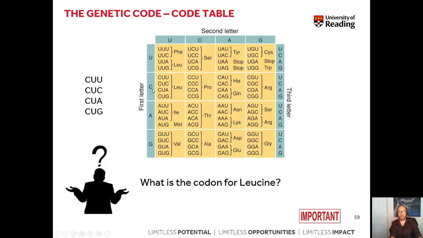Then if you go to the left to identify the first letter, you will find that this is actually a C. So the first code is C. Second letter, if you go up, is U. And the third letter is going to be U, okay? So the first possible combination is CUU. If you follow the exercise similar to what we have done for arginine, then you will come up with the following codes: CUU, CUC, CUA, and CUG.